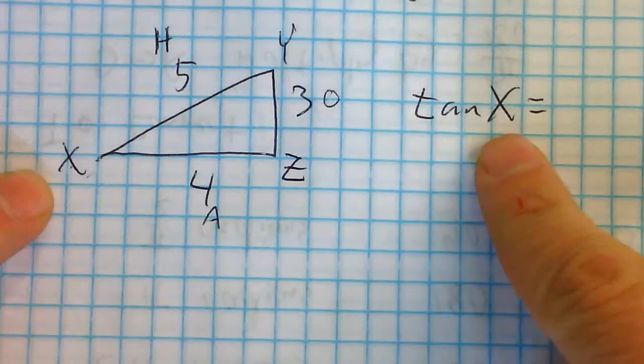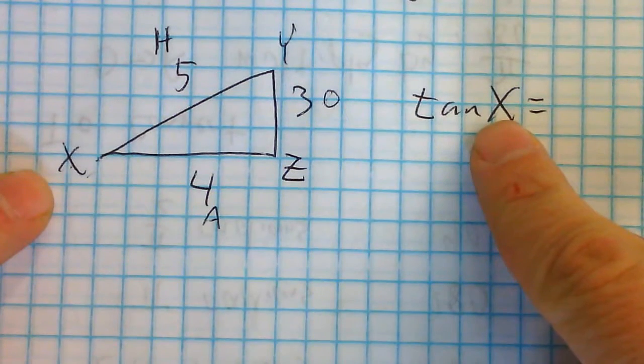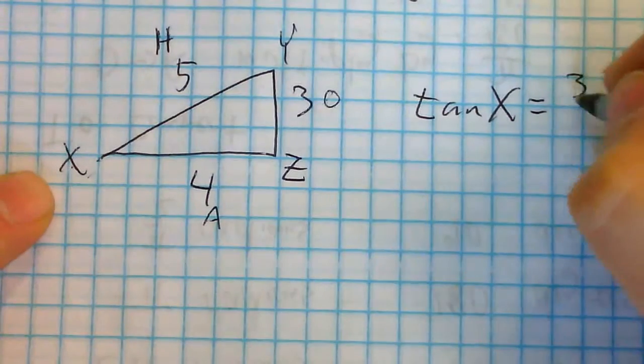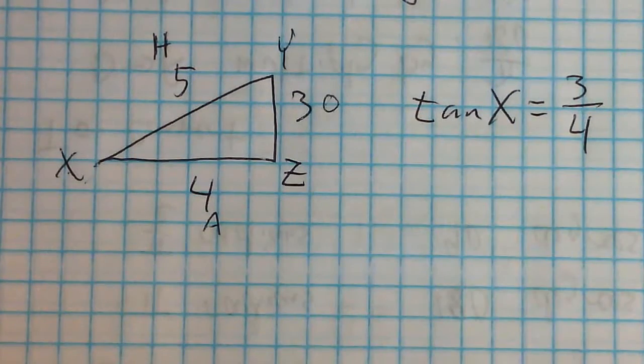SOHCAHTOA tells me that tangent is the opposite over the adjacent. So opposite is 3 and adjacent is 4, so tan of x equals 3/4.